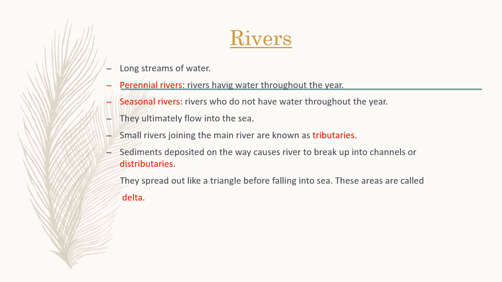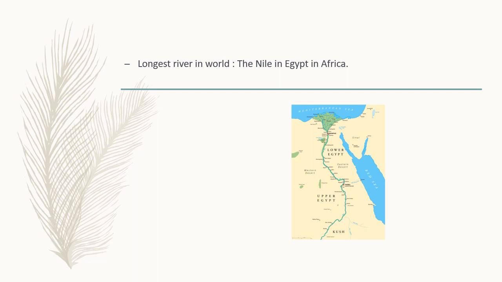Distributaries spread out like a triangle before falling into the sea, and these regions are called deltas. The longest river in the world is the Nile River in Egypt in Africa. See the picture of the Nile River. It is the longest river in the world. That's all for today. Thank you.